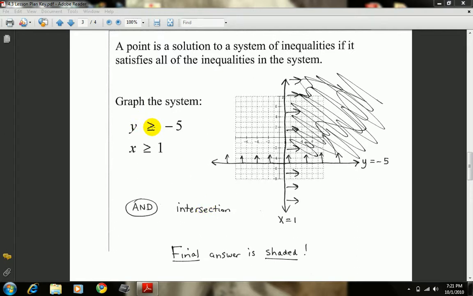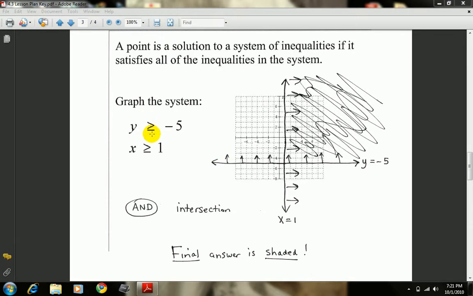If I start with y is greater than or equal to -5, remember the line y equals -5 is a horizontal line. So this, where I'm moving the cursor, is the line y equals -5.